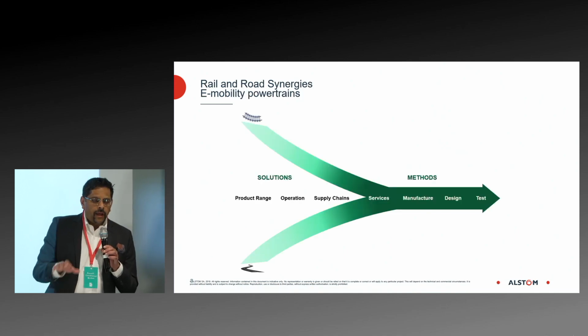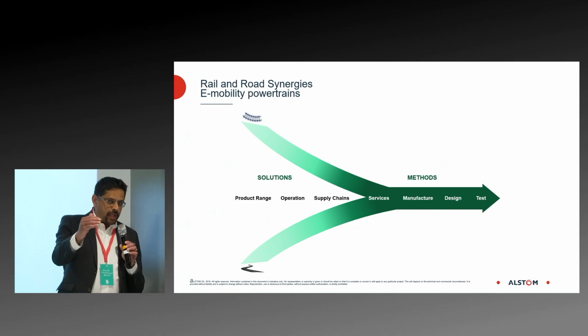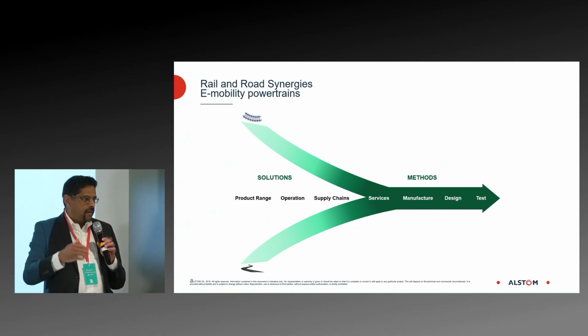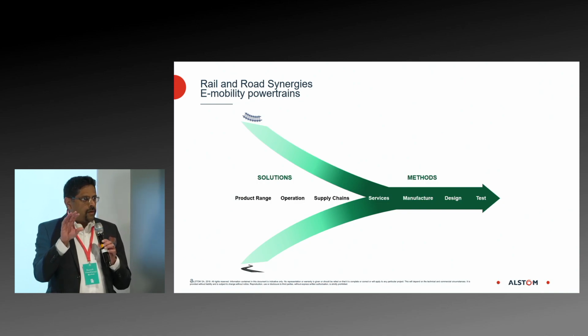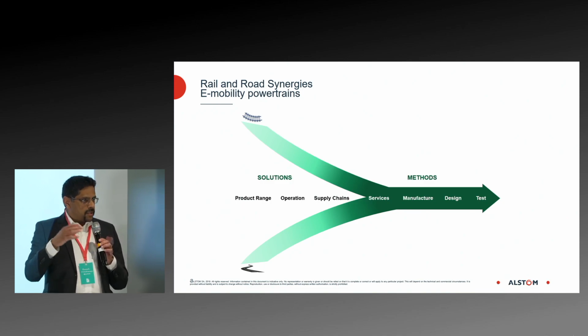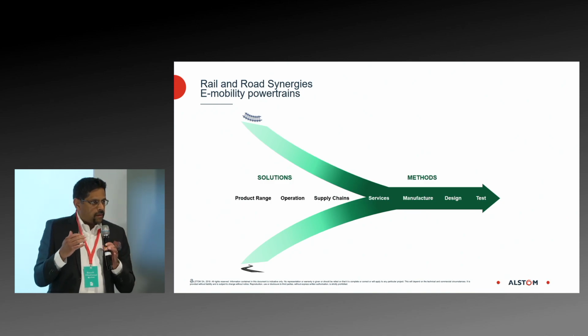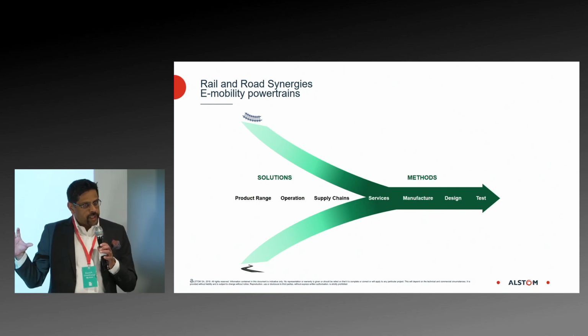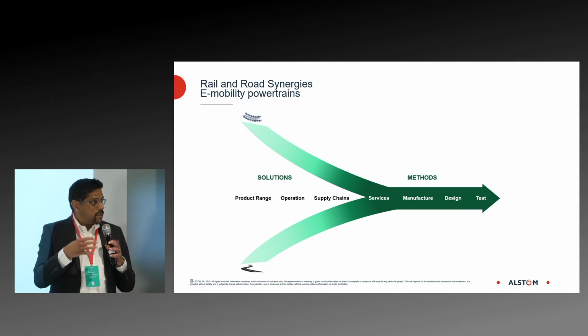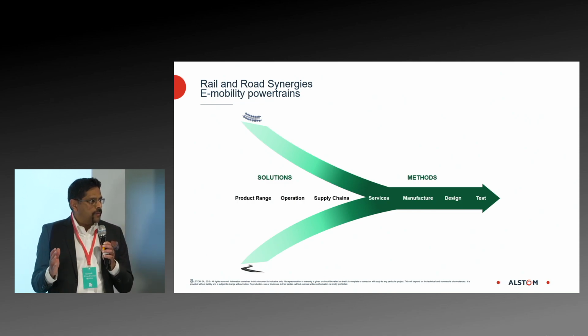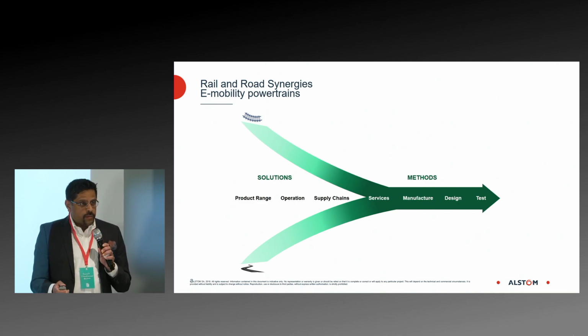And now we see the great thing happening, that road and off-road mobility are coming to a convergence with what we've been doing in rail. We see that there are a lot of synergies between the businesses, which we think are quite interesting. Of course, in the supply chain, but also in the test methods, on the system integration level, which we think can be mutually beneficial. So that's one of the trends that we obviously will be affected and impacted by.